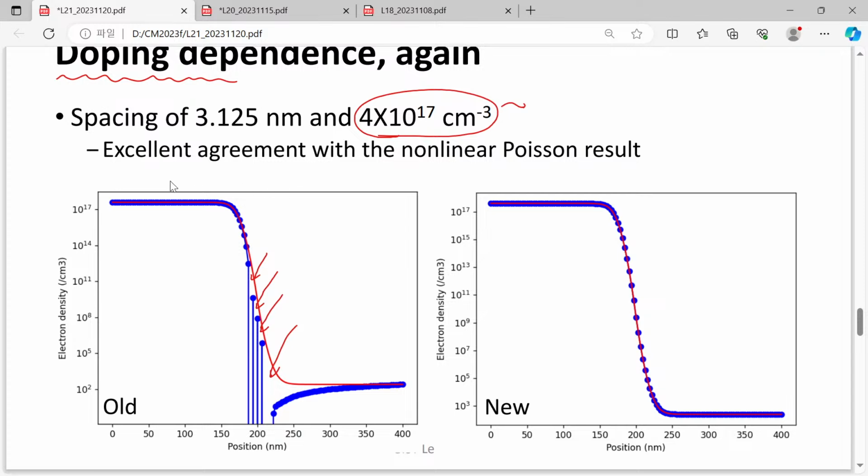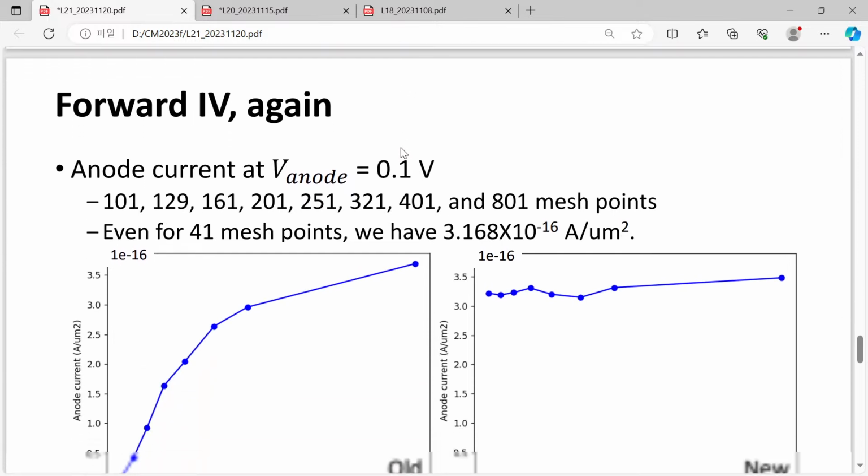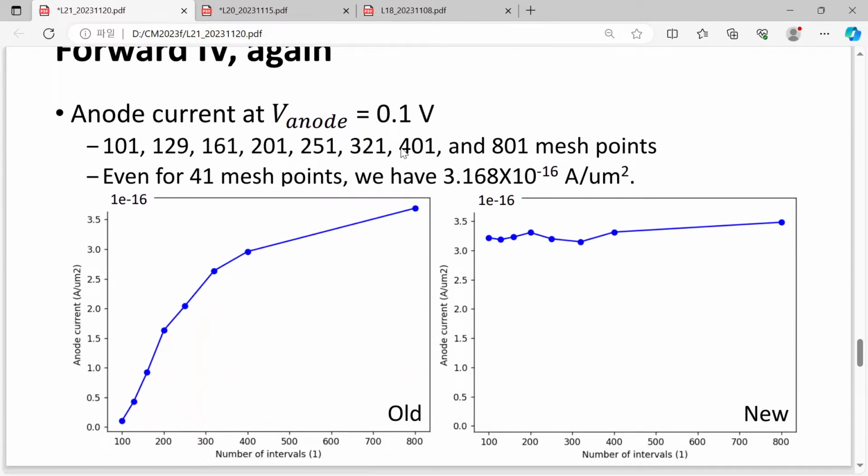So simply speaking, the Scharfetter-Gummel scheme at equilibrium shows an excellent agreement with the solution of the nonlinear Poisson equation. It is quite good behavior, but this is not all, because we must consider non-equilibrium cases. So now let's have a look at this one.